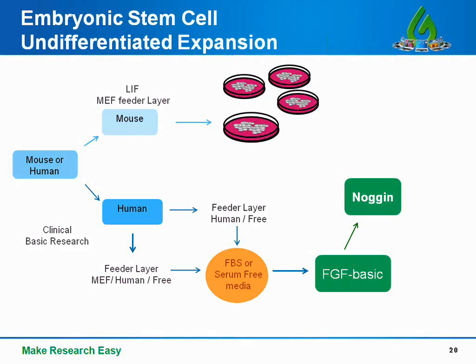To do this, you want to supplement your media with the protein noggin. Some studies suggest that you can use a low dose of noggin with FGF basic, while other studies recommend using a high dose. However, this may be dependent on what type of human embryonic cells one is using, so it's a good idea to check with the vendor first or try different strategies before optimizing your protocol.